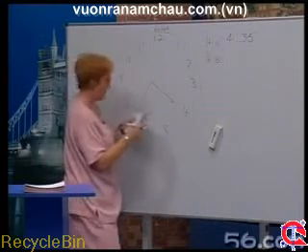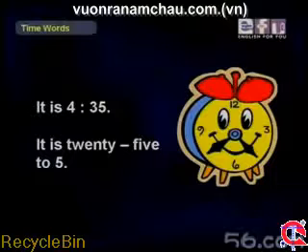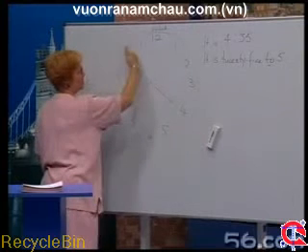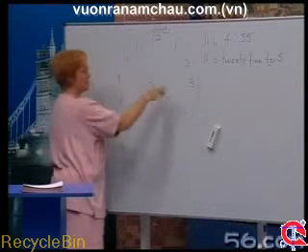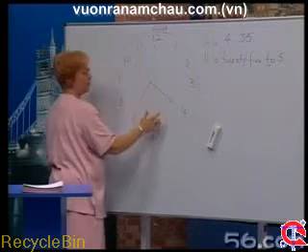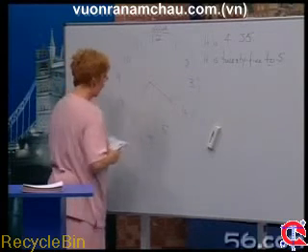It's 4:35. Now, this one, we're going this way. It is 25 to 5. It is 25 to 5. All right? It is 4:35. It is 25 to 5. Okay?